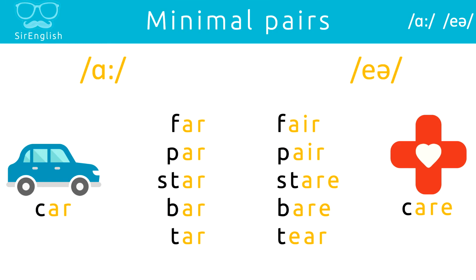Now, this is a key part. Let's look at the minimal pairs for ah and air, so you can really start to distinguish between the two sounds. So on the left we have ah, and on the right we have air. So listen to the pairs and repeat after me.